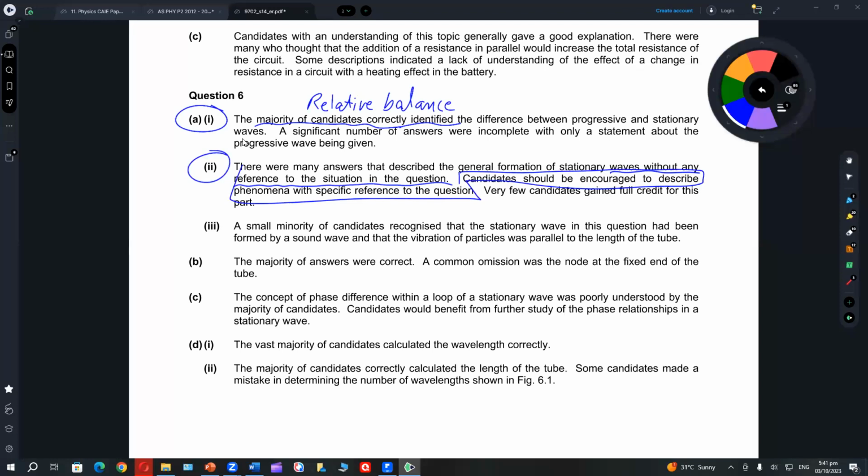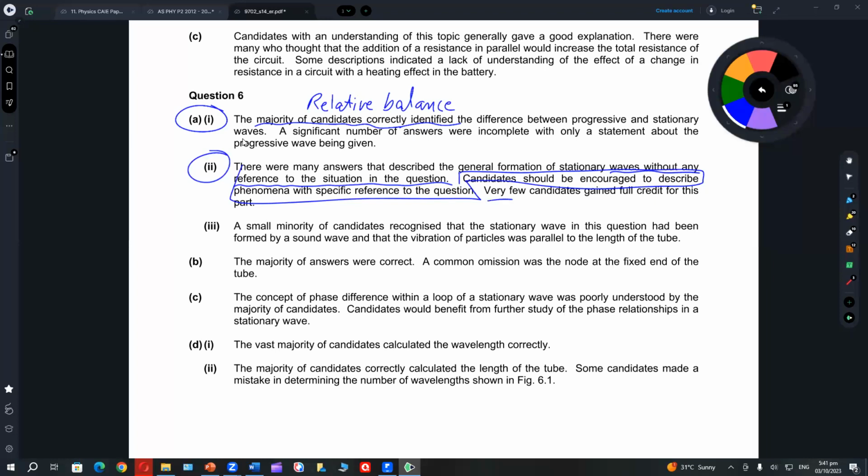The people who have checked the paper, the examiners, right? So if they are writing something and you say, oh no, I don't worry about it, I will go to a teacher, or I will look at the marking scheme, the marking scheme never tells these concepts. Very few candidates gain full credit for this point.